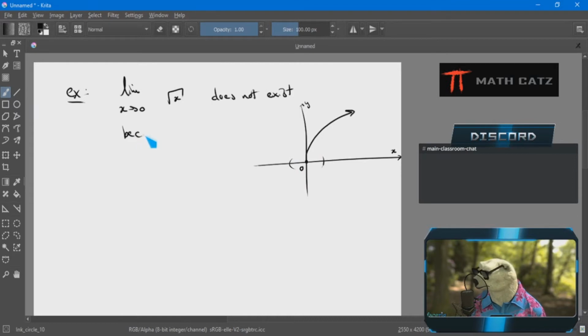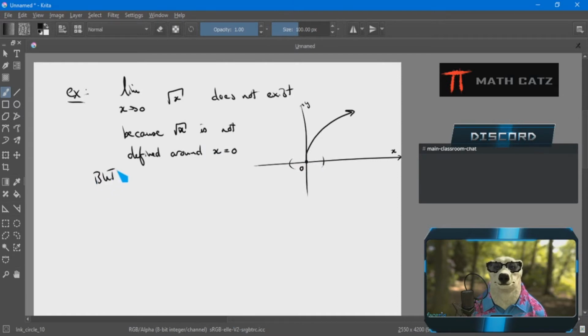So this is because the square root function is not defined around x equal to 0, technically an interval containing x equal to 0. It doesn't matter how small, I need to be going around the point and explore the function's behavior. But the limit as we approach 0 from the right only exists, and we're all good.